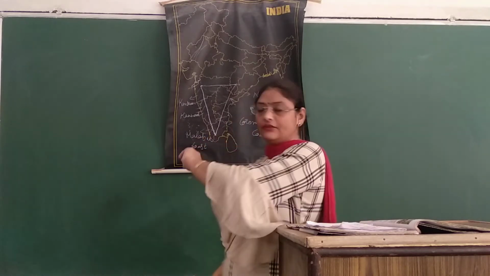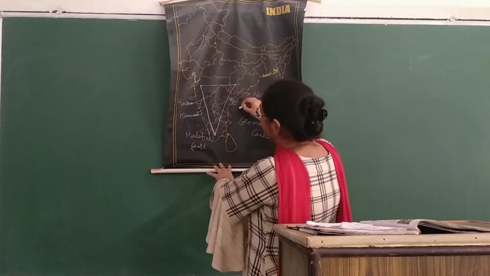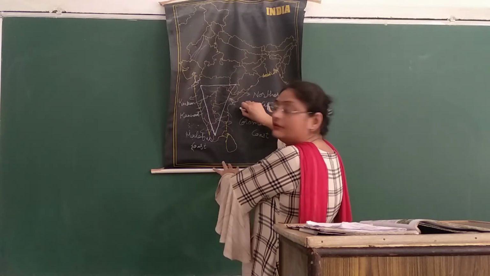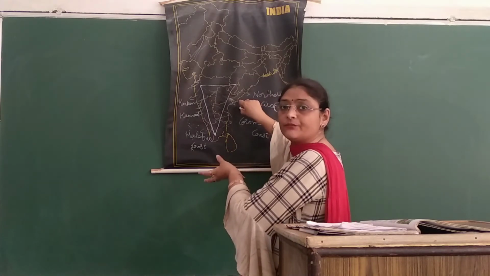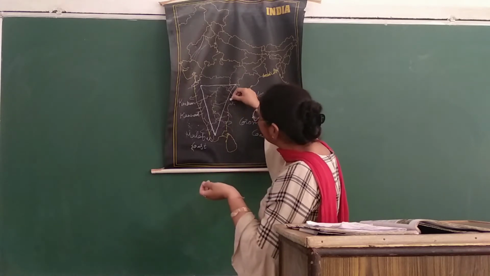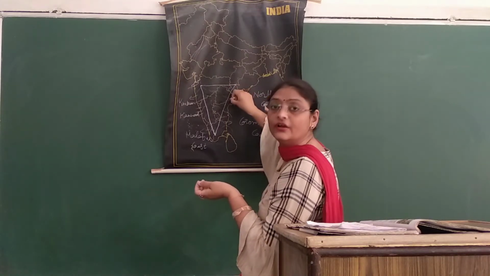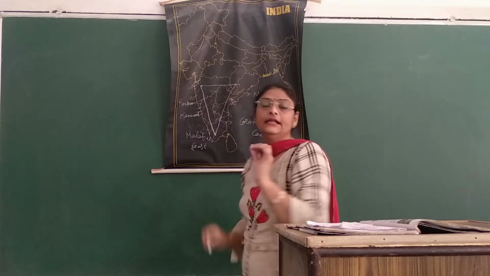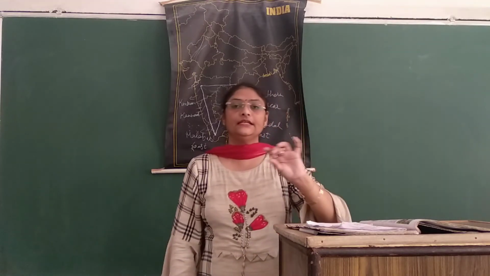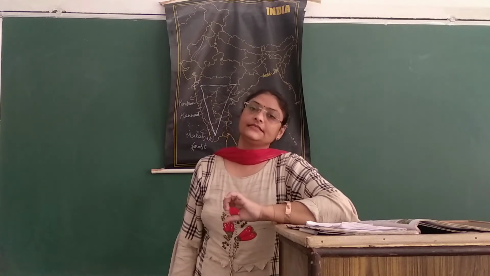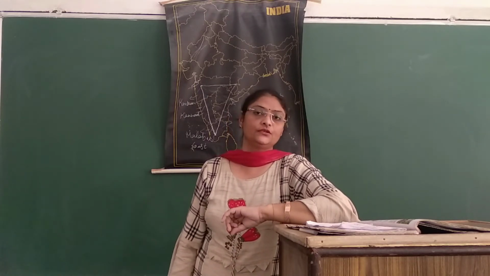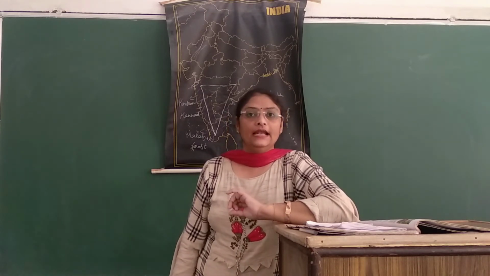Meaning when these rivers drain into the Bay of Bengal, then Krishna, Kaveri, Mahanadi, these main rivers deposit all the sand and silt at the mouth of river. And when this deposition is in the shape of a triangle, this triangular shape deposition is known as delta.